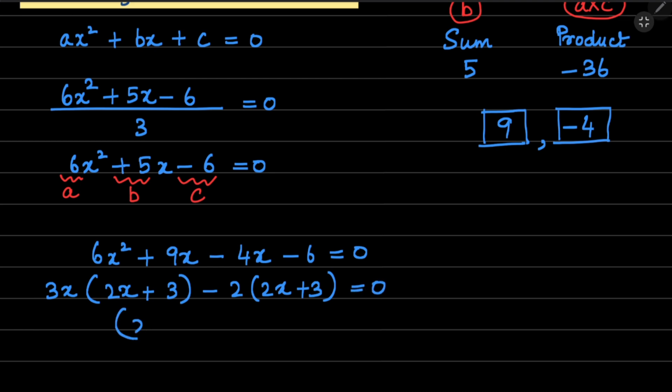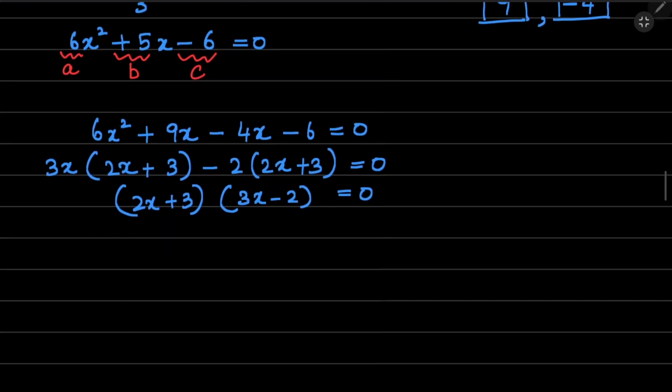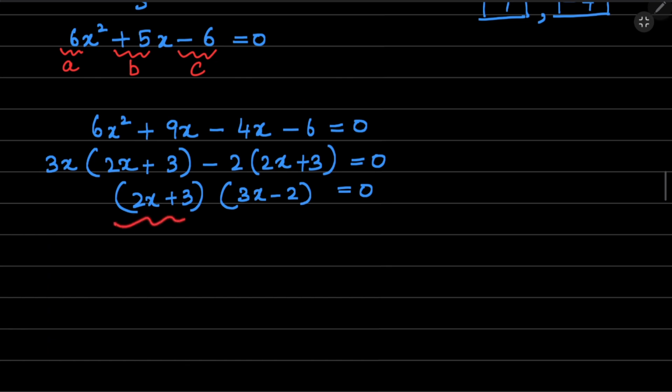So among these two terms, you have 2x plus 3 common, and the one which is left is 3x minus 2 equal to 0. So when the product of two terms is 0, it means either one of the values is 0. So either 2x plus 3 equal to 0, or 3x minus 2 equal to 0.